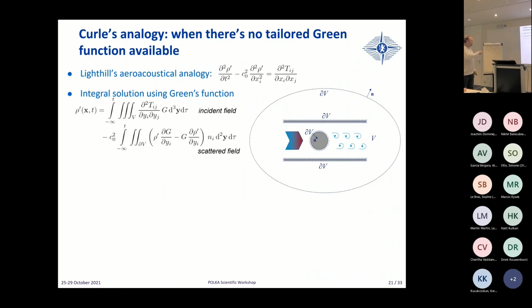And how do you solve this problem? The first thing that you may wish to do is actually to apply some integration by parts to this term. Why do you want to integrate by parts this term? It's because I told you that integrating is good for health. Accordingly, differentiating is very bad for health. Okay. Remember the term Tij in here. That's rho vi vj in the best approximation.